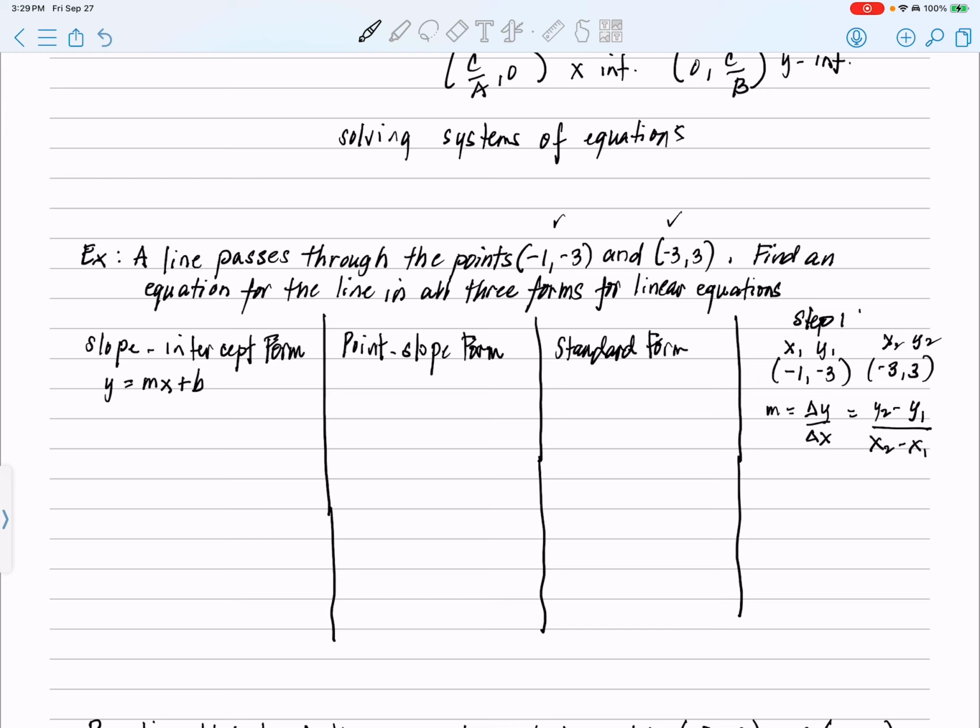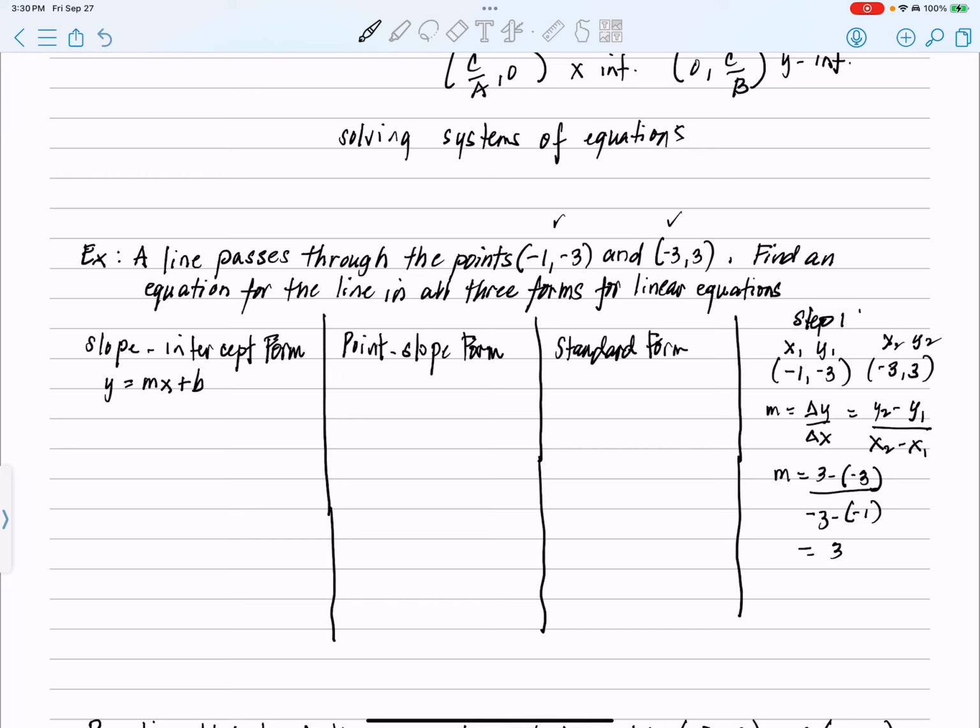So substituting, the slope would be y sub 2 is 3 minus y sub 1 which is -3, over x sub 2 which is -3 minus the x sub 1, which is -1. Simplify more.